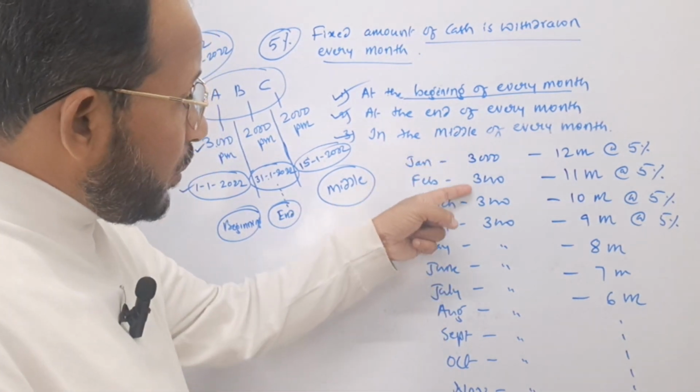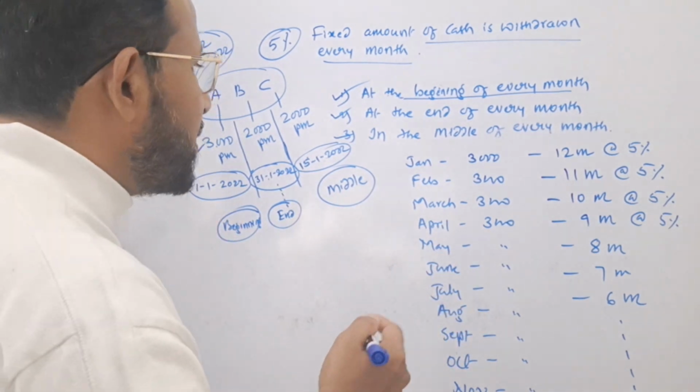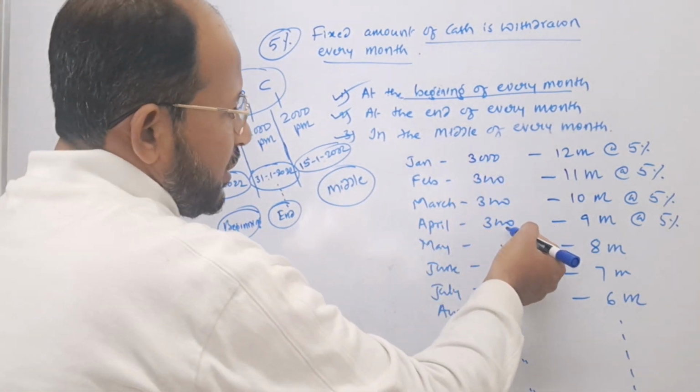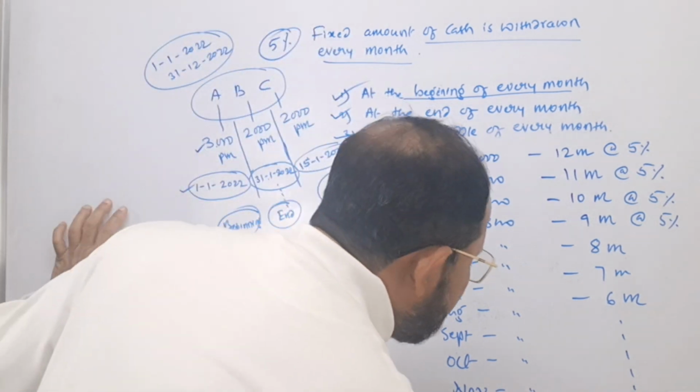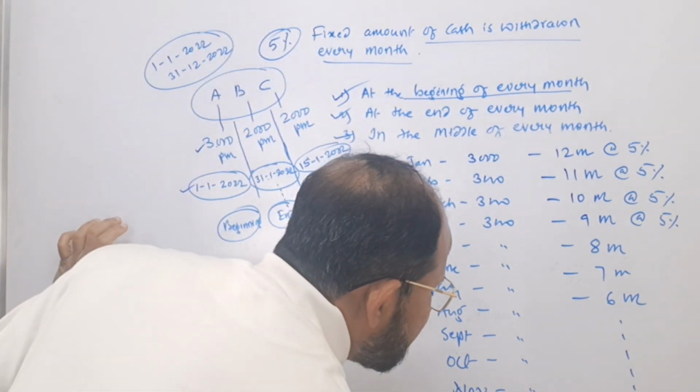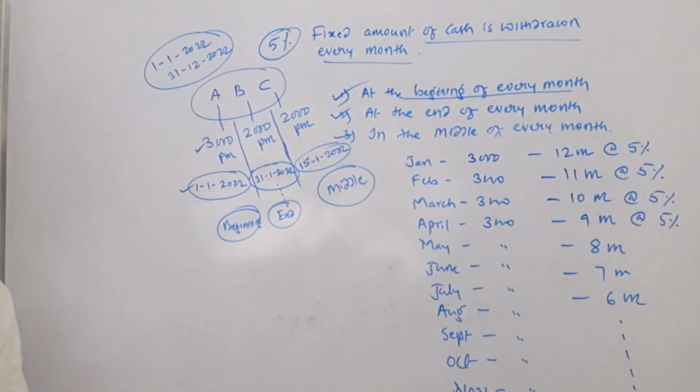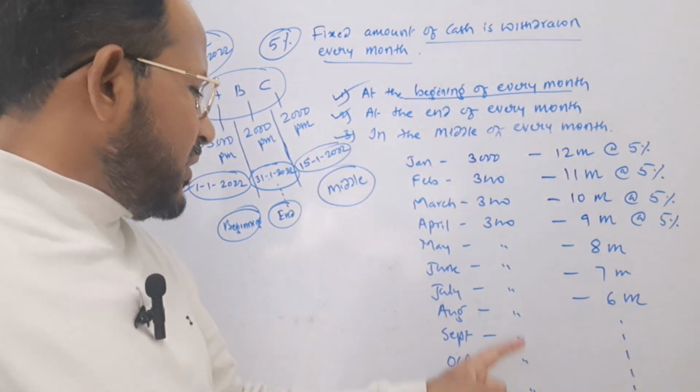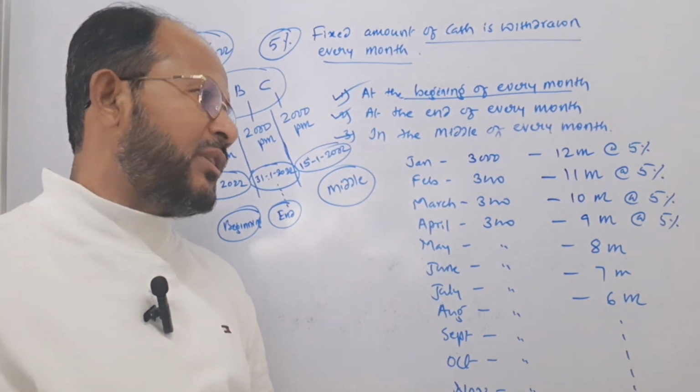But here the total amount withdrawn by the partner comes to how much? 3,000, 3,000, 3,000, if we add, we get 36,000. Every month 3,000 means 12 into 3,000, which is rupees 36,000.